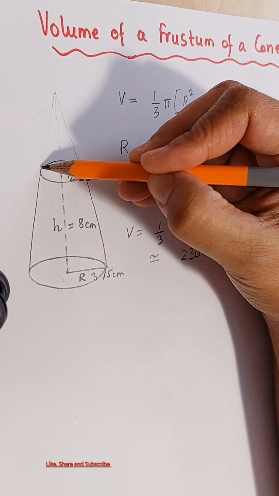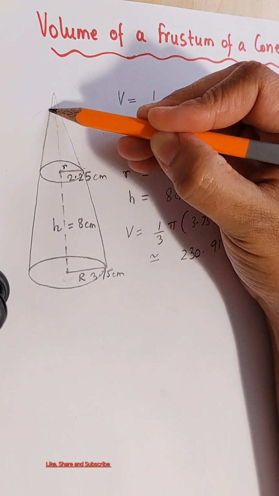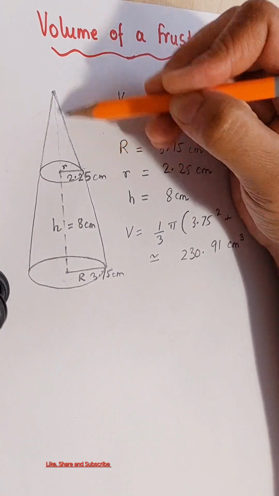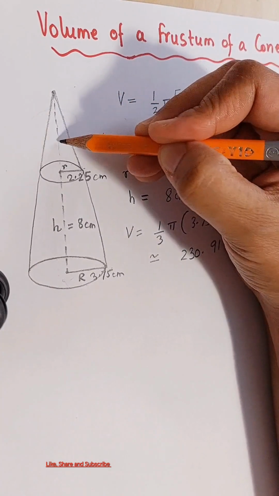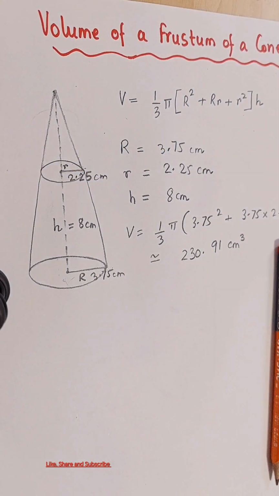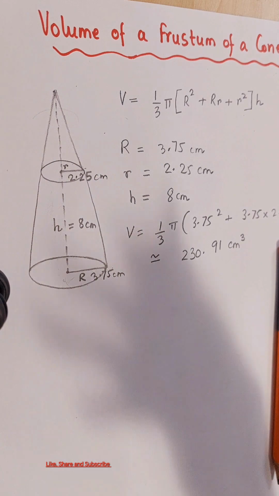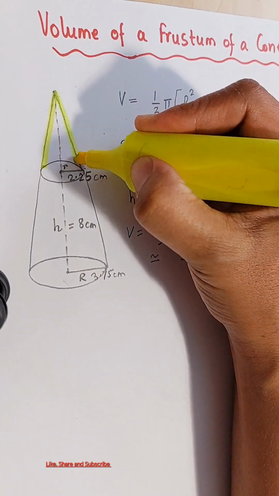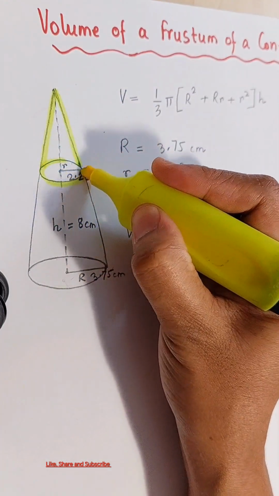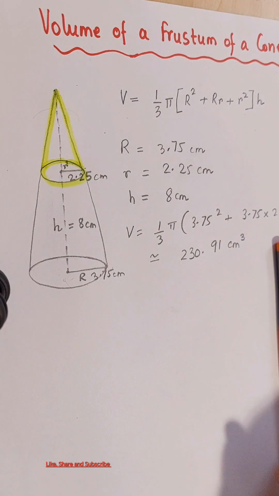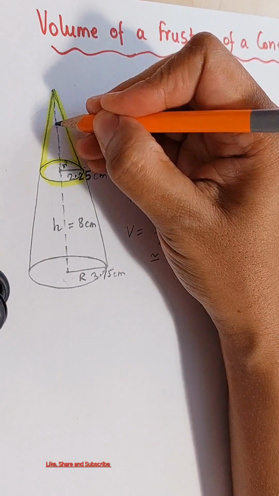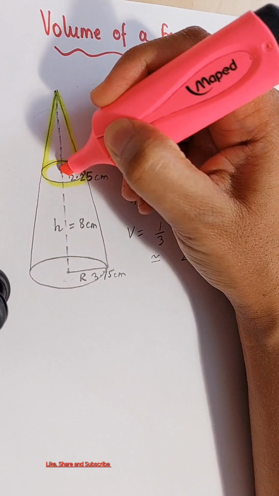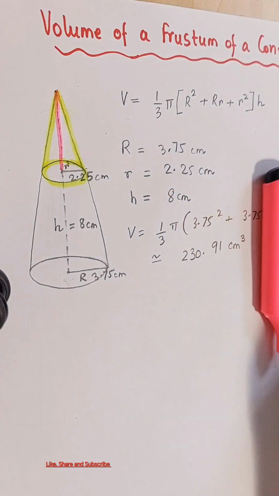Now we will do some construction here, which is we'll complete the cone. So that's how we complete the cone there, and we draw the height there. So now we have two cones, one at the top, which is the smaller cone. Let's assume its height as L1.